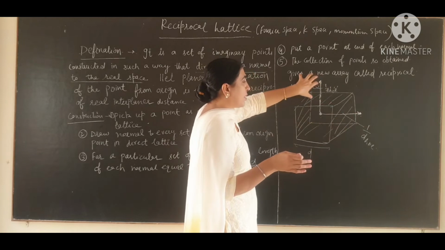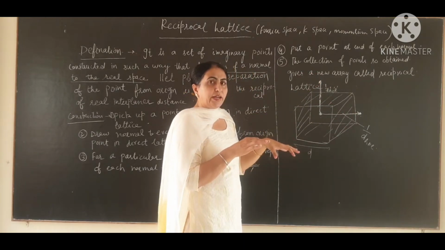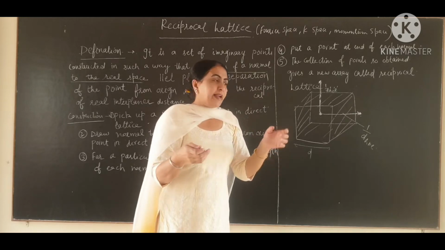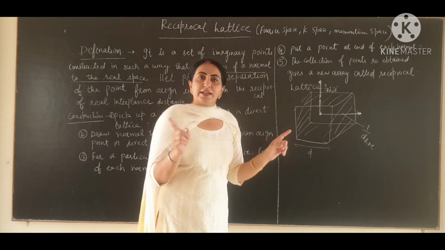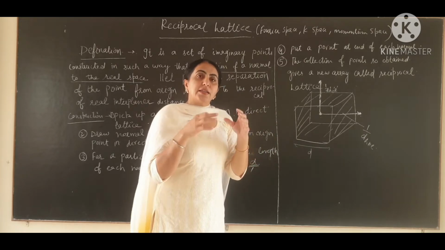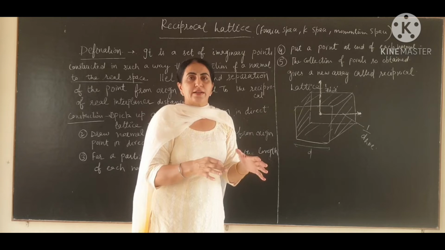Now when we join all these points, that becomes an array of points, and each point is a reciprocal lattice point, and this array of points becomes a reciprocal lattice.